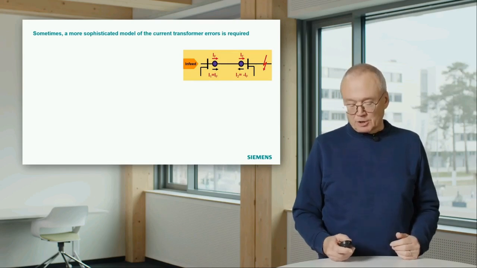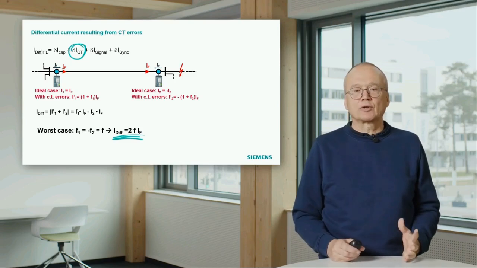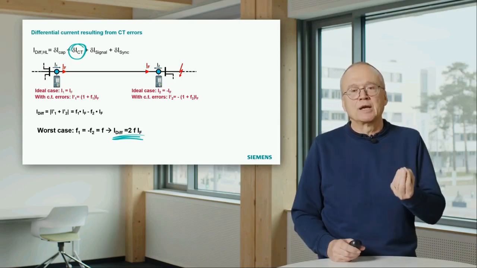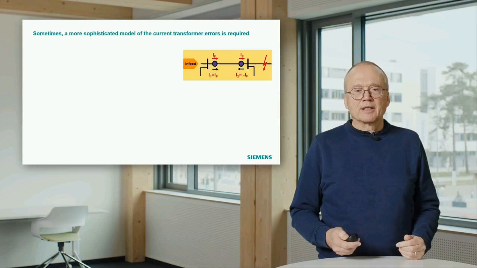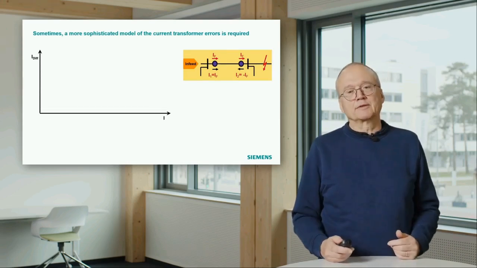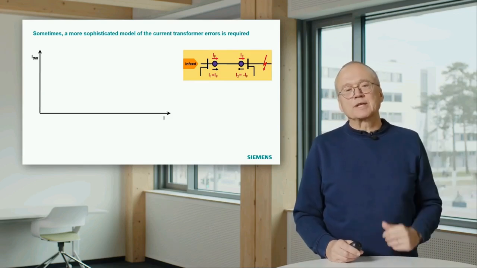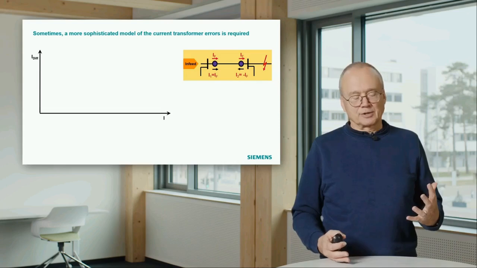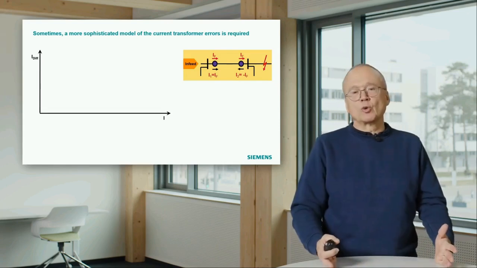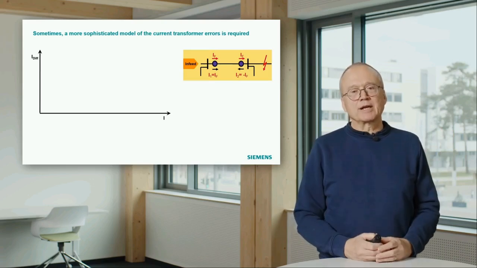Sometimes it's not possible, as shown here, to describe the behavior of the current transformers just with a simple error value. The current transformers have the feature that the relative error increases with increasing current. That means as long as you have load currents, you are in a range of maybe 3% error.